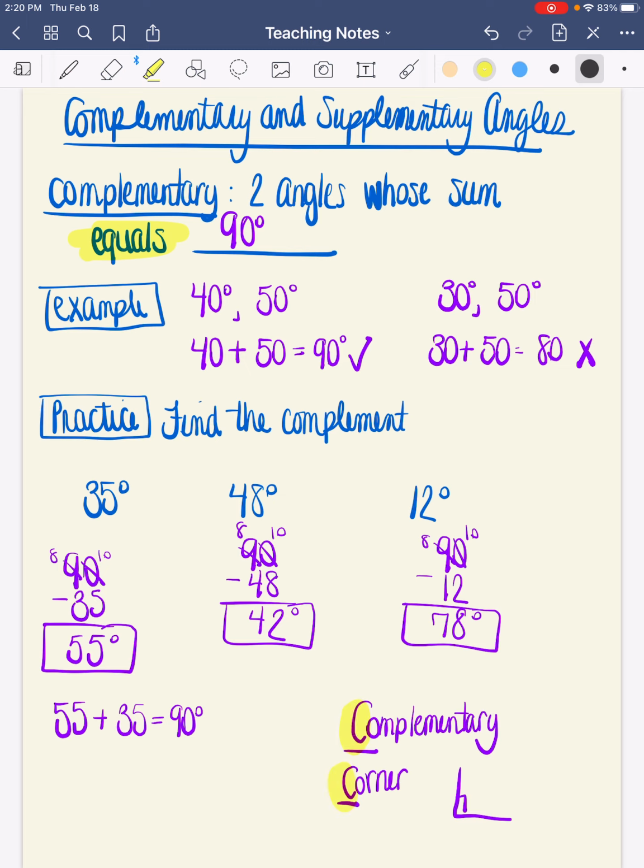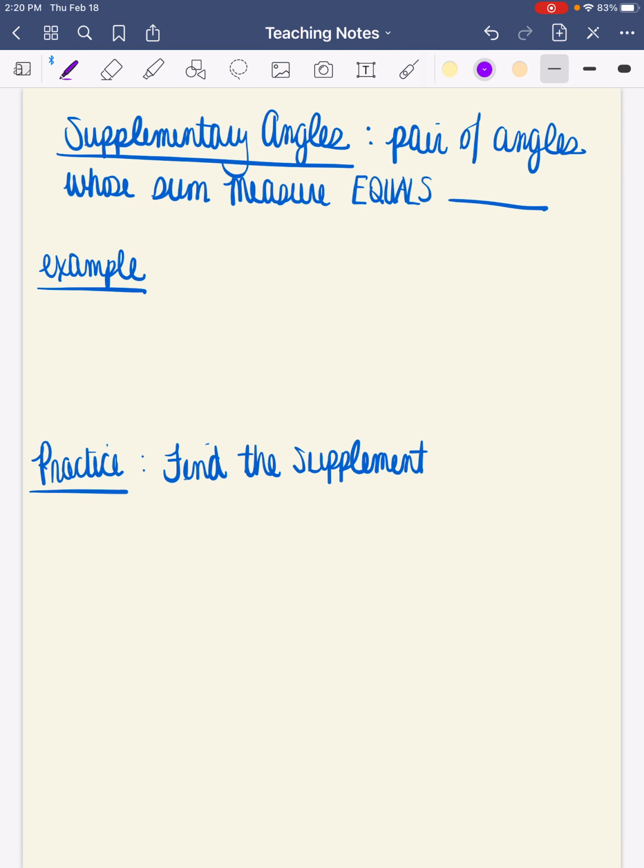Because we have another relationship to keep in mind, which is going to be supplementary. A supplementary angles pair is a pair of angles whose sum equals, again, not as close to, but actually equals 180 degrees.